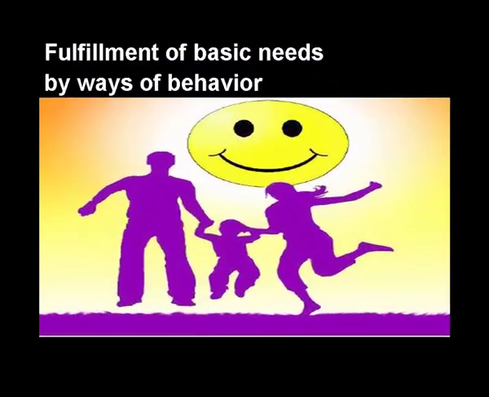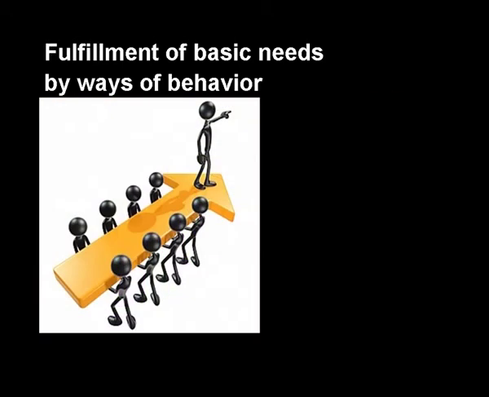Next, I will explain the functions of social institutions. There are many important functions of institutions. The first one is that institutions play a significant role in the fulfillment of basic needs of the individuals by prescribing particular ways of behavior.